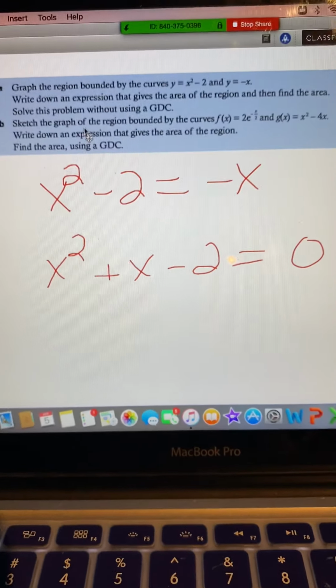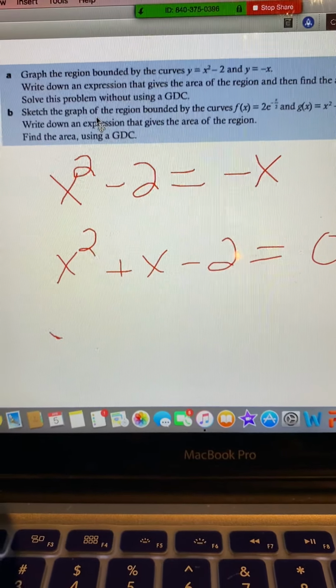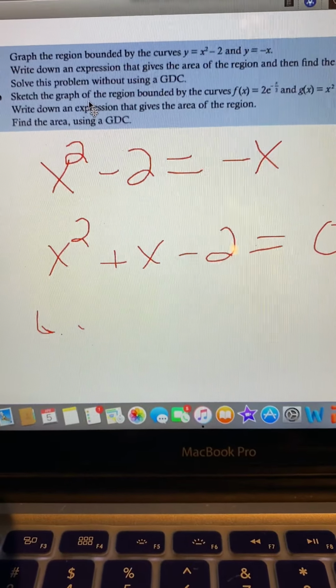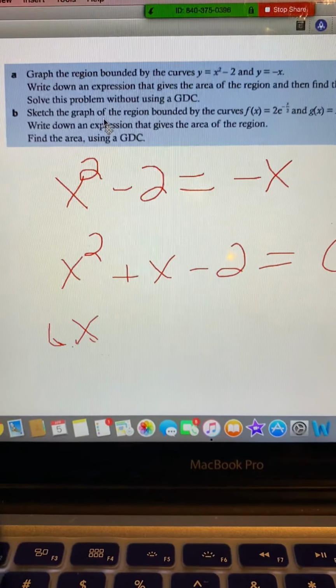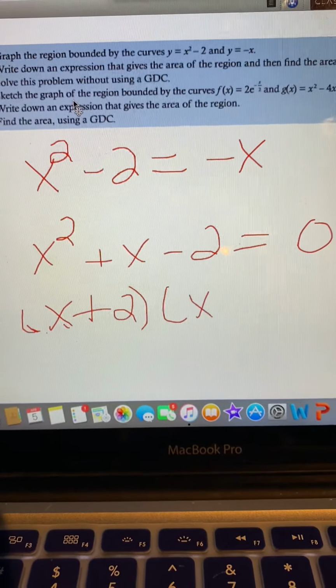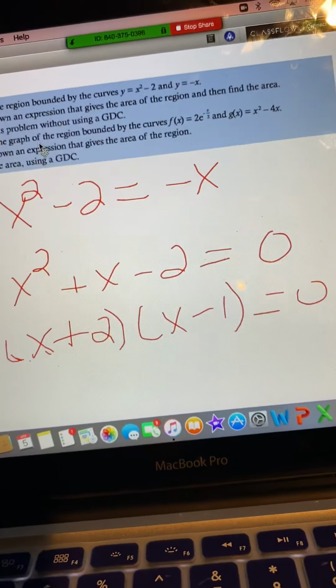Factor that out, and I get x plus 2, x minus 1 is equal to 0.